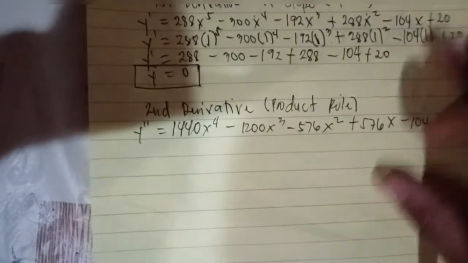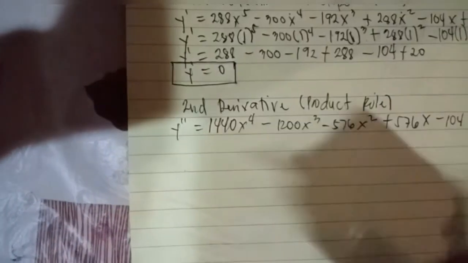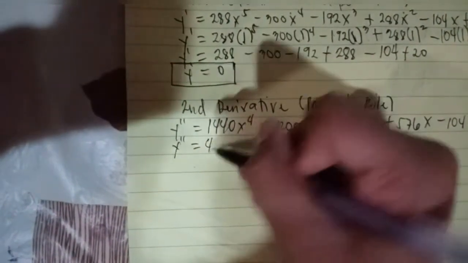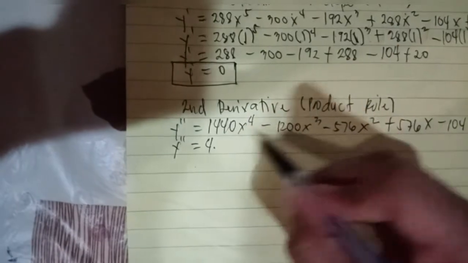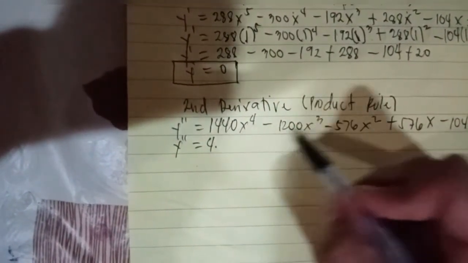So what we are going to do is use the differentiation rule. We are going to differentiate. So y prime is equal to, bring down the exponent 4, we're going to do the same thing to the rest.